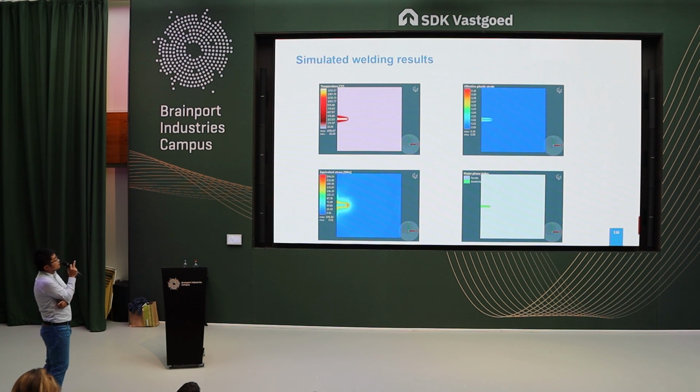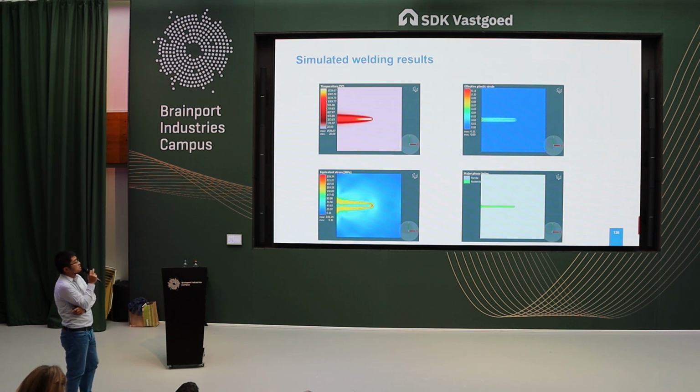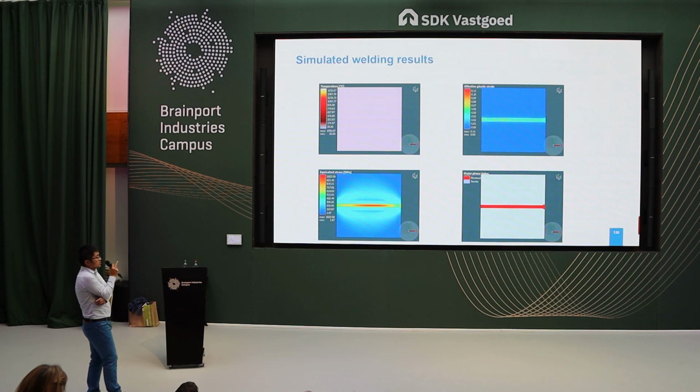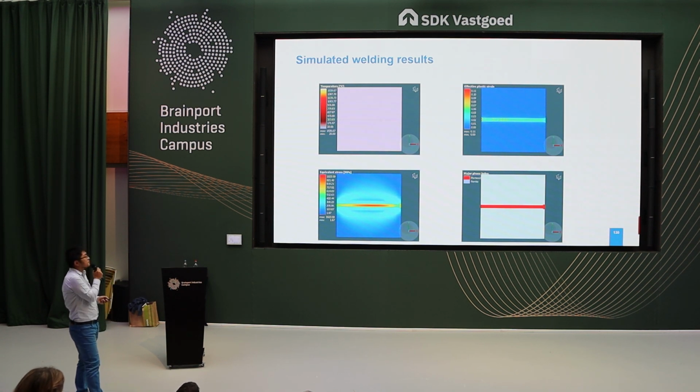The first image shows the temperature evolution, the second image on the right-hand side shows the effective plastic strain evolution, the third image shows the stress evolution during welding, and the fourth image shows the microstructure evolution. It's very accurate because in the weld, after solidification, we have the formation of martensite.